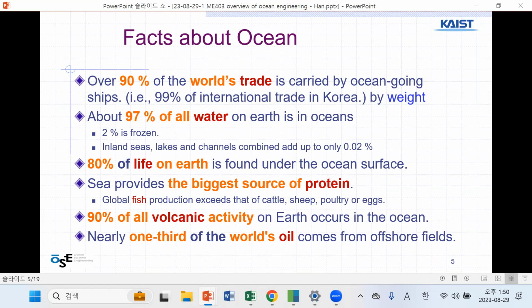97% is water, and 2% of them are frozen water. Inland sea lakes are also water, and 80% of life on Earth is in the ocean. Source of protein, fish production.